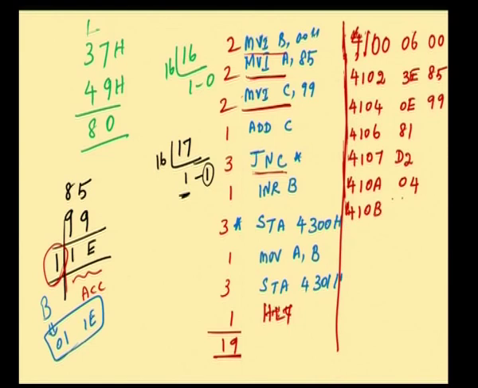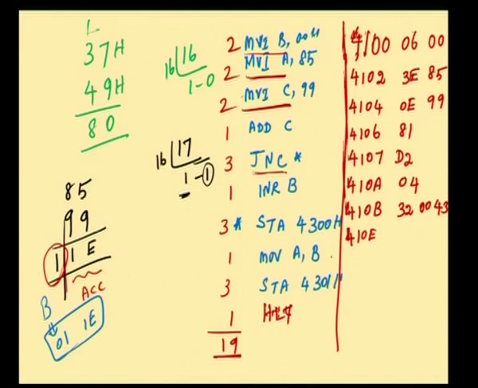This is a single byte instruction, single address. At 410B, I will write 32 for STA, then 0043. The next address is 410B, C, D, E, 3 addresses. After the 3 addresses, it becomes 410E.